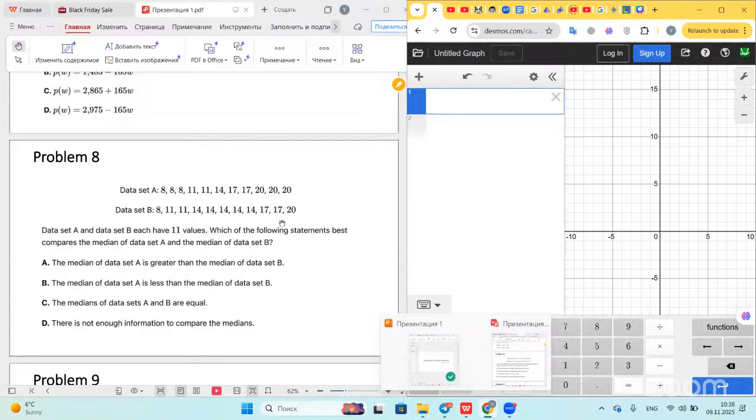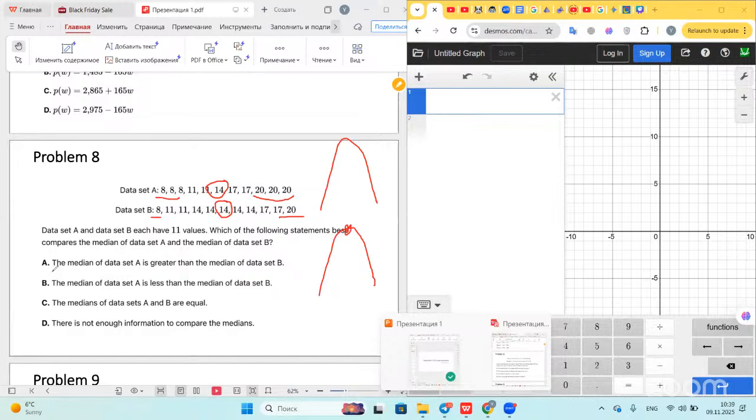In symmetric datasets, the value located at the center will be the median and mean. In symmetrical datasets, the median is always located at the peak. Here the very center of this one is 14 due to symmetry. This is also 14 due to symmetry. Their medians will be equal.